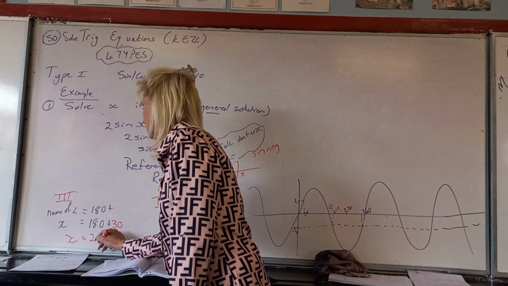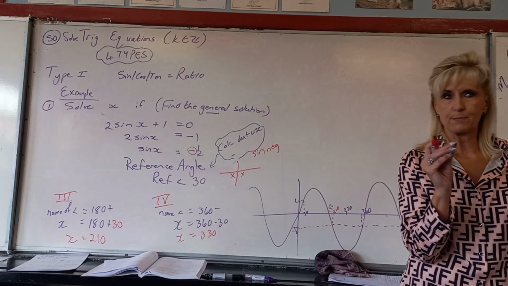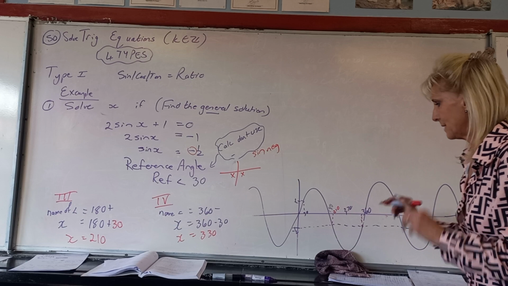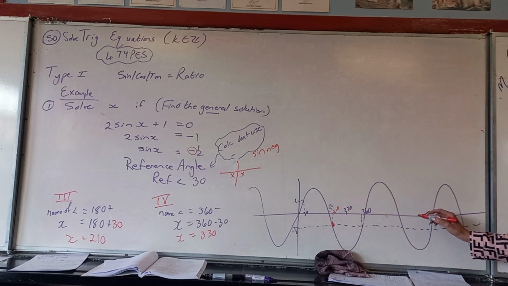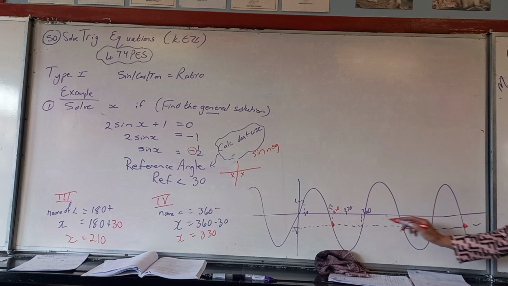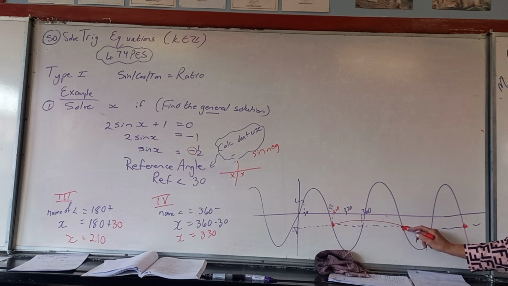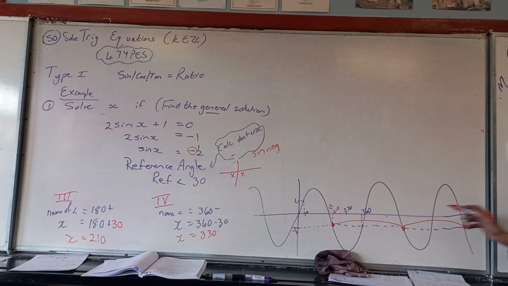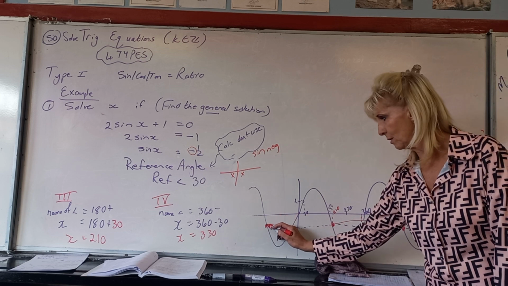How many answers have I got? 2, man, that's wrong. You just said to me that there's infinitely many. So here's where the k's part comes in. Now I say, that one there and this one here, please focus on the board, are how far apart? 360, and 360, and 360, and up to there is again 360. You agree with me?